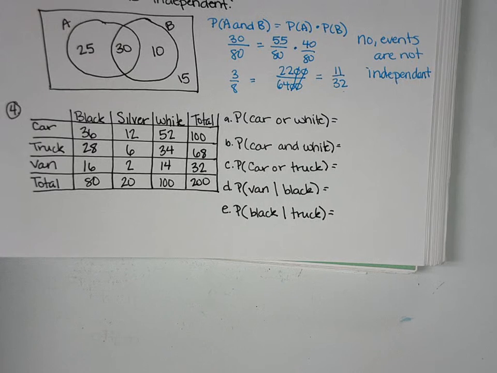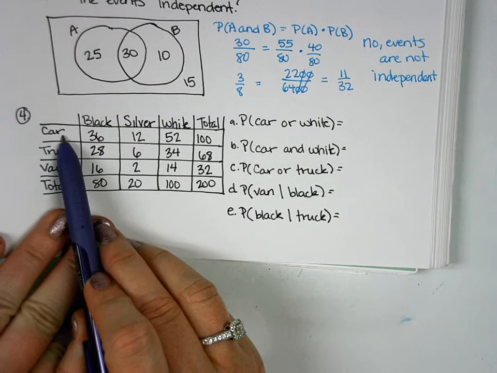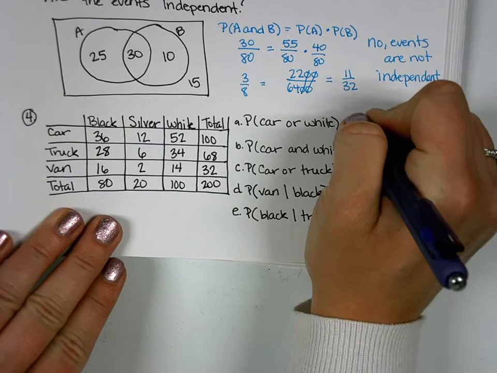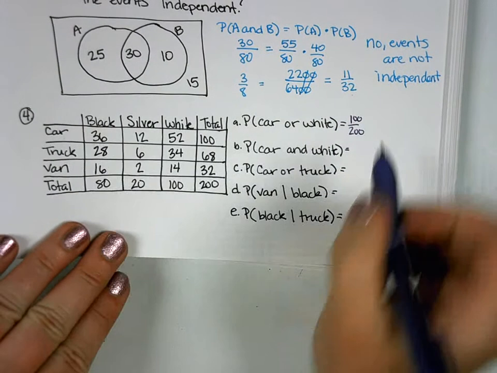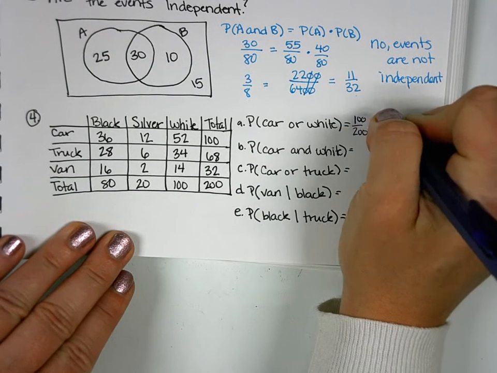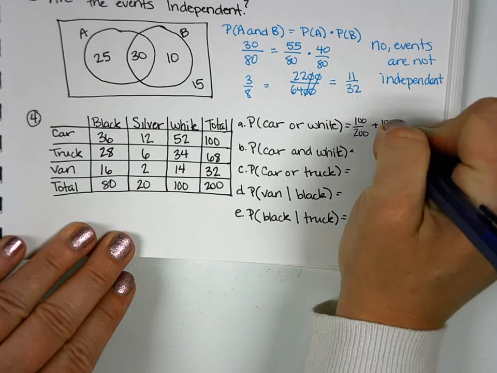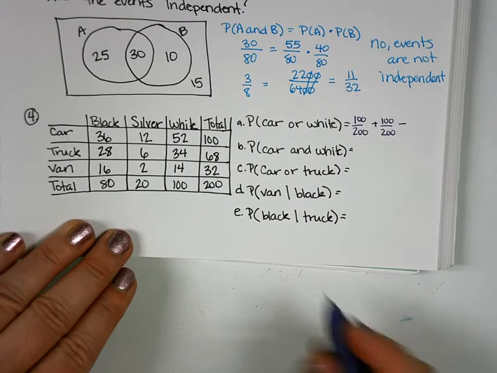So our probability of car or white. What's the probability of a car? 100 over 200. What's the probability of white? 100 over 200. But what's our probability of a white car? 52 over 200.